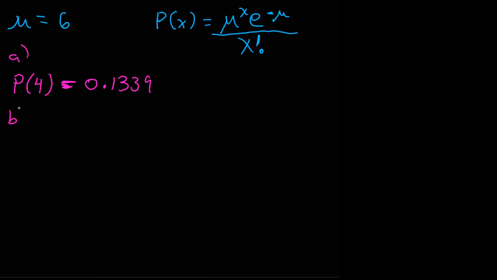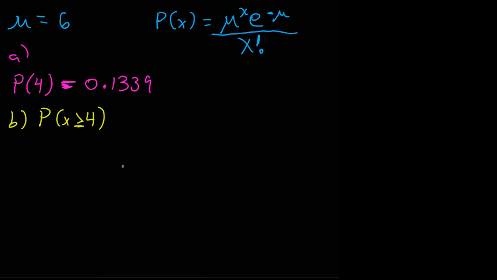Now part B says that we want at least 4. The word at least means that x has 4 or more. Now, x can be infinite. And to find the probability working my way from 4 all the way to infinity, well, I couldn't keep adding.